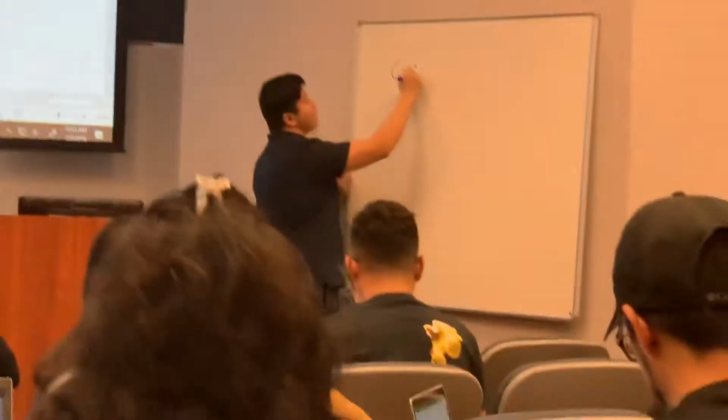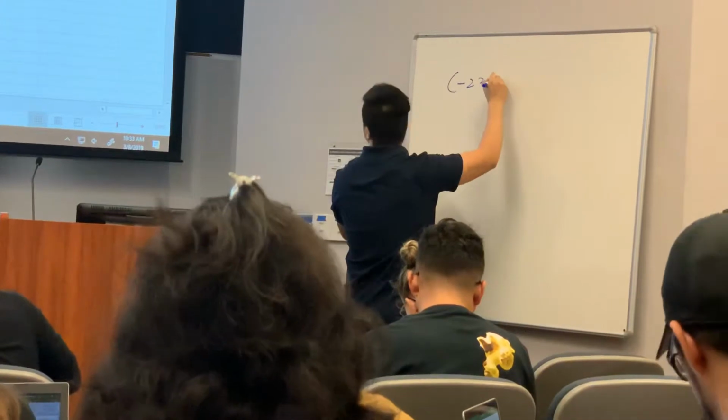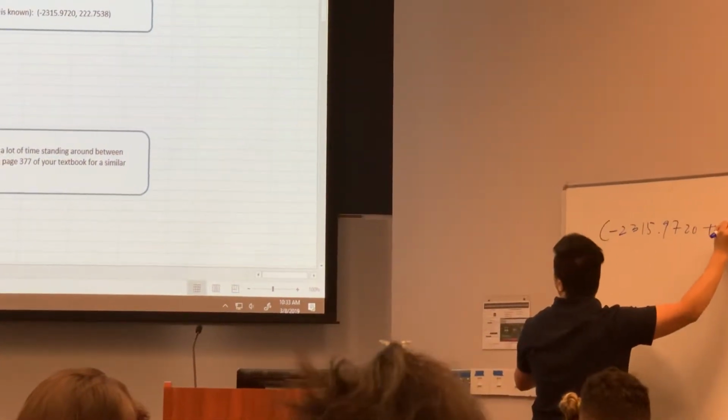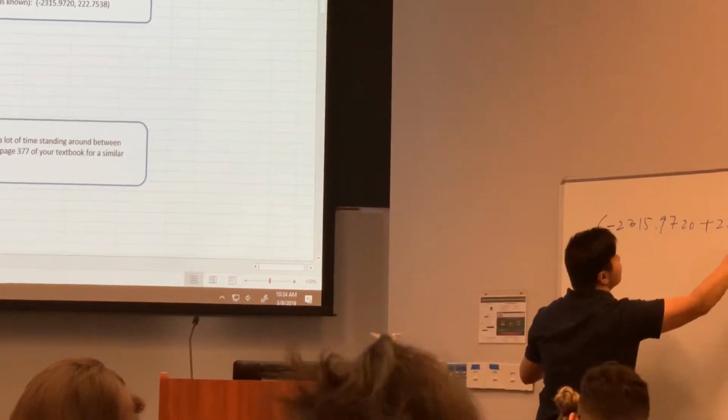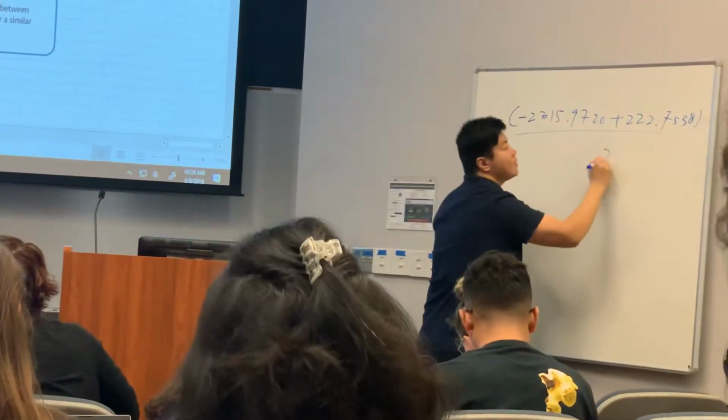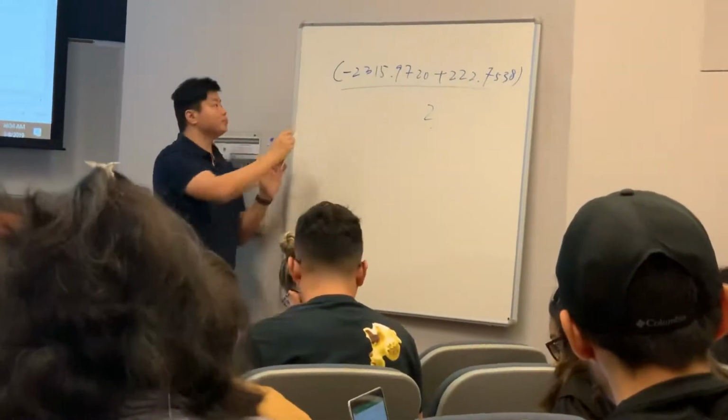So I have negative 2315.9720 plus 222.7538, and then divide by 2. That is my x-bar.